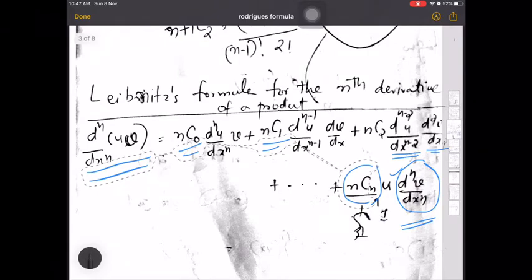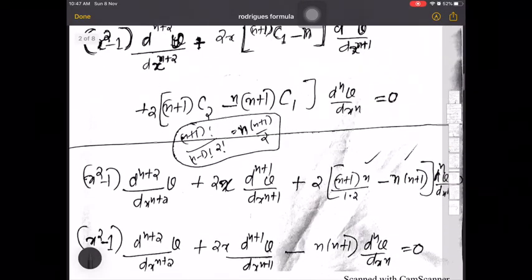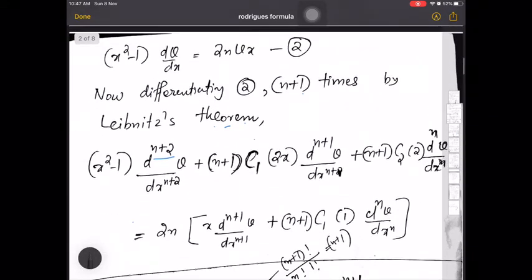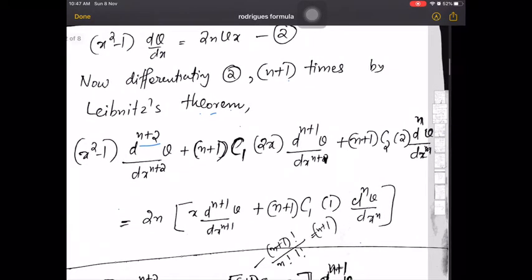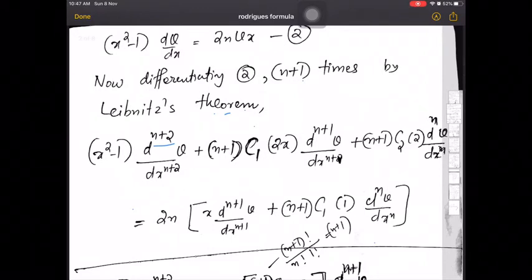So when we apply this formula, on the left hand side we have (x square minus 1) d^(n+2) v/dx^(n+2), because we are differentiating this n plus 1 times.